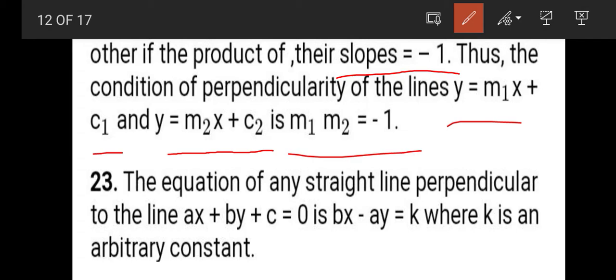The equation of any straight line perpendicular to the line ax + by + c = 0 is given by bx - ay = k, where k is always an arbitrary constant.